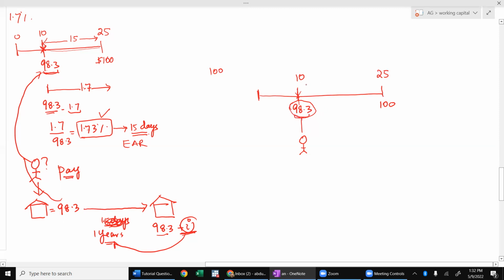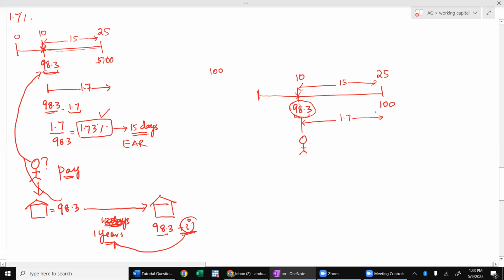And the benefit that you will get is 1.7 if you pay 98.3 now. Okay, so the difference is for how many days? For 15 days, and the benefit if you pay now is 1.7. This is the difference.